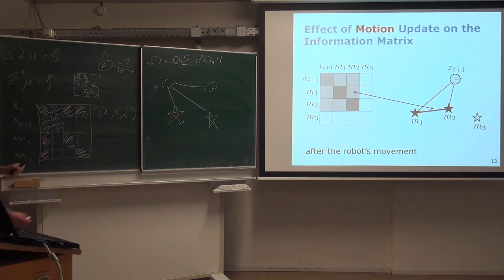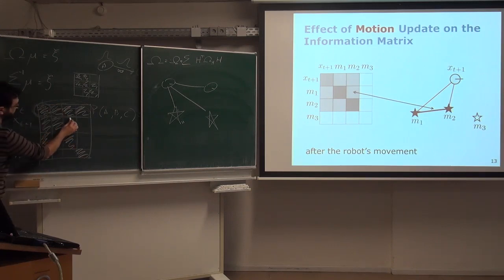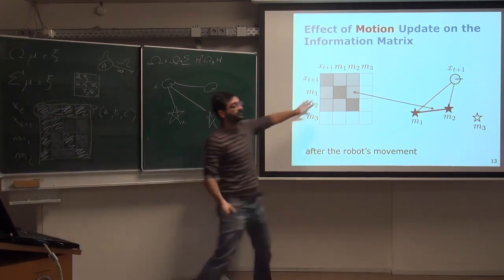The previous variable gets eliminated, and all the information contained in this, which is the prior on the variable plus the mutual information with the landmarks, gets propagated down here. So we now get some weaker correlation in this part. And that's exactly what's happening in this case.